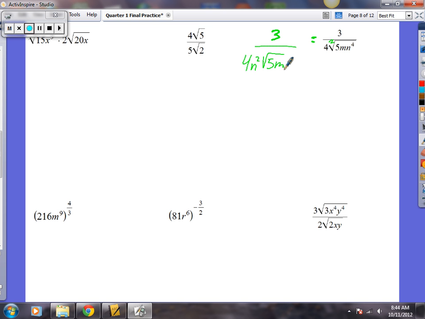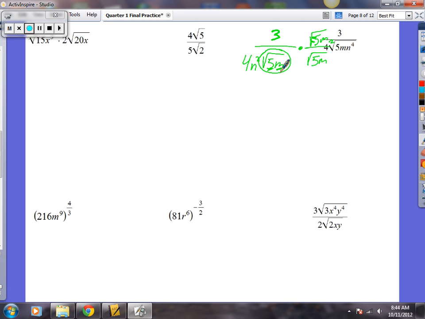Move number 2, you're almost done, except it is illegal to have this in the denominator. So you are going to multiply by that exact radical. You need to include the 5 and the m, both of them. So you're going to times the top and bottom by square root of 5m.